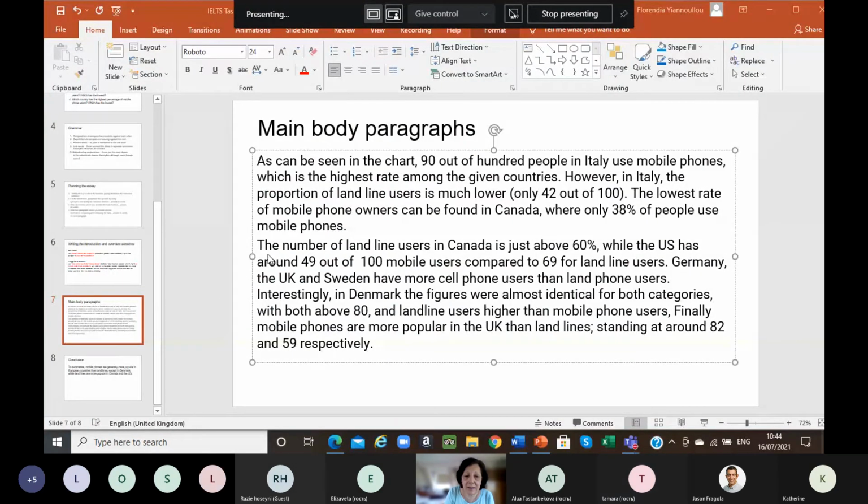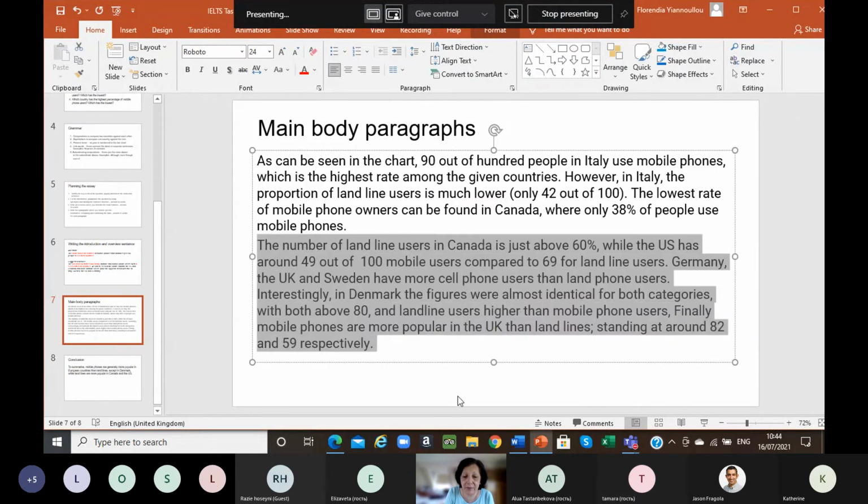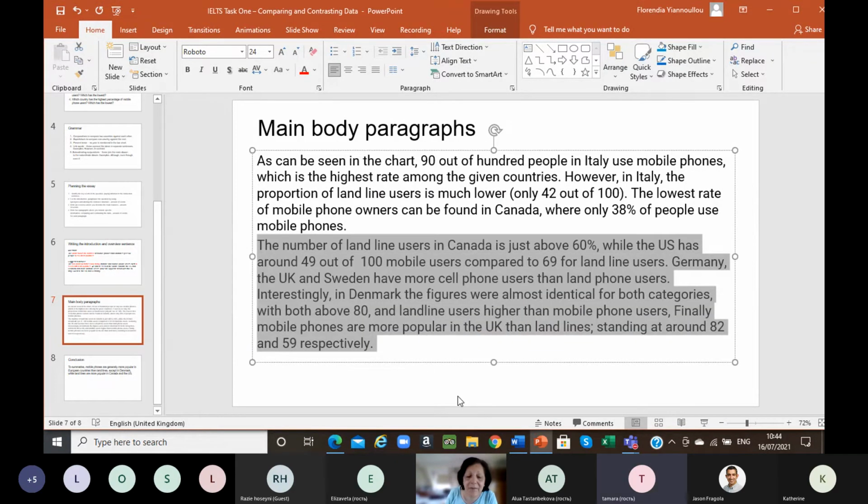Right, let's quickly come back to this. Now, this is the second paragraph. So, Tamara, do you want to read this paragraph? Yes, of course. So the number of landline users in Canada is just above 60%, while the US has around 49 out of 100 mobile users compared to 69 for landline users. Germany, the UK, and Sweden have more phone users than landphone users.